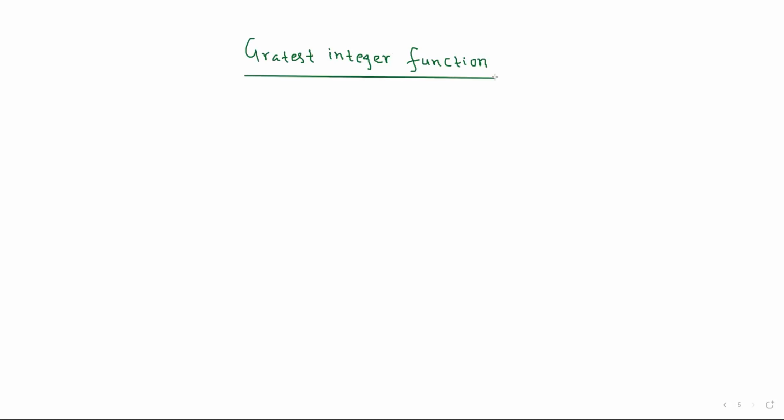Most important area. Greatest integer function. So f(x) is equal to box of x.